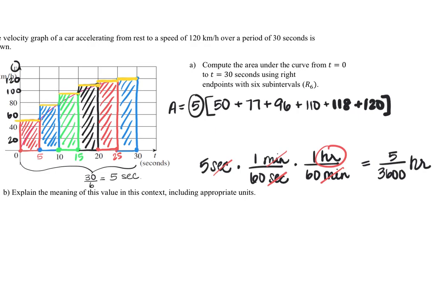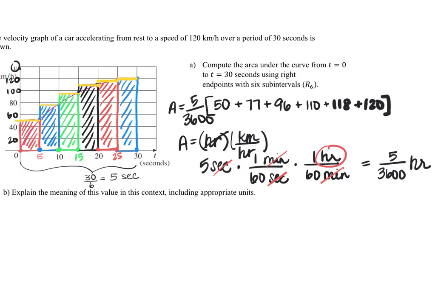We're going to get rid of this 5 seconds right here and replace it with a measurement that's in hours. So now this is going to be 5 divided by 3,600. The reason this works is that when we look at our units, we're multiplying a unit measurement of time, measured in hours, by all of those heights, which are velocities measured in kilometers per hour.